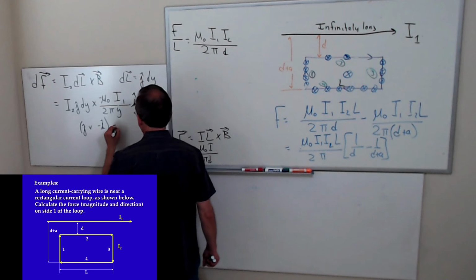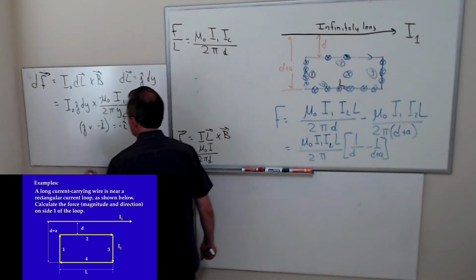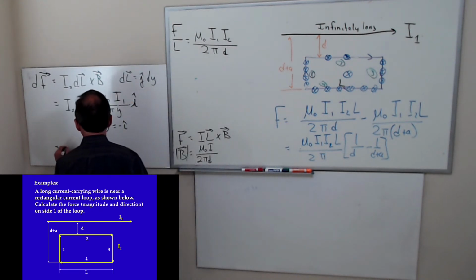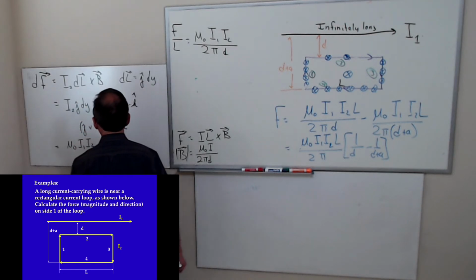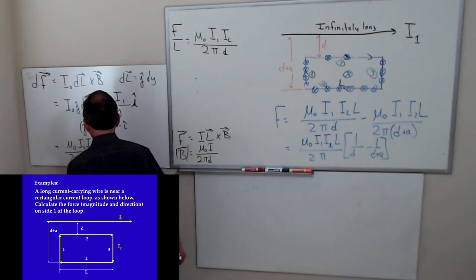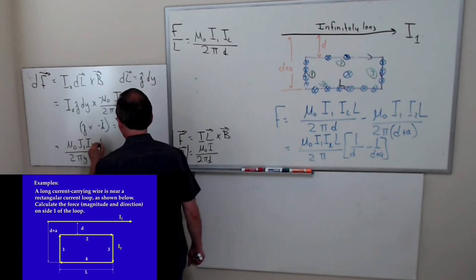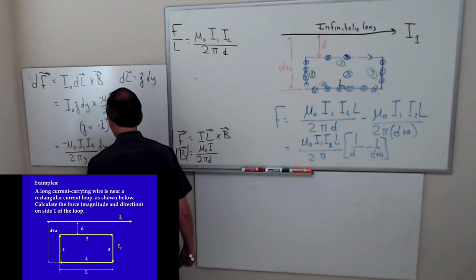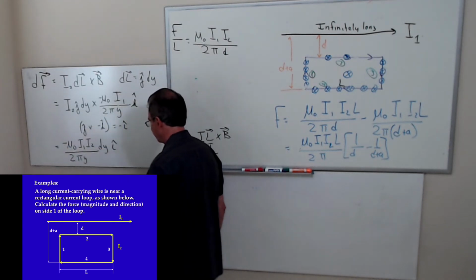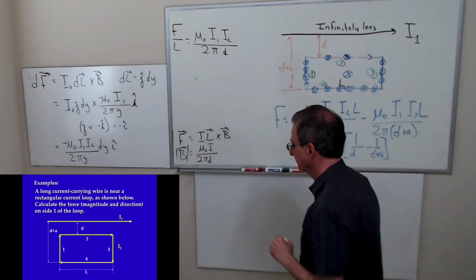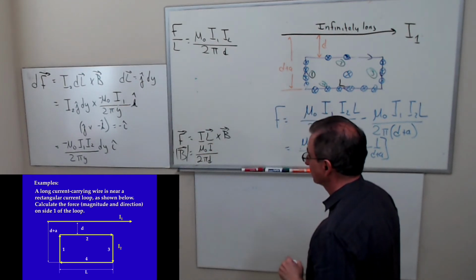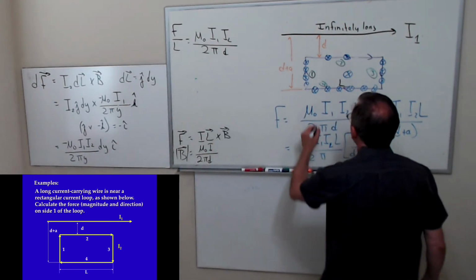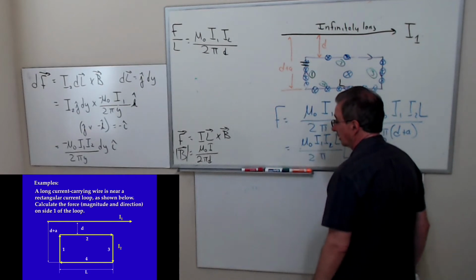Yeah. Okay, so then this is going to be, I'll put the minus sign out here. Does that look okay? Yeah. So that's the force on the little element of this wire.